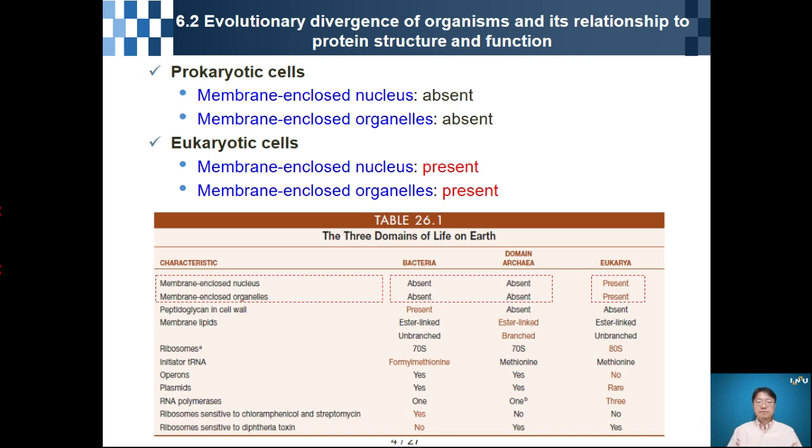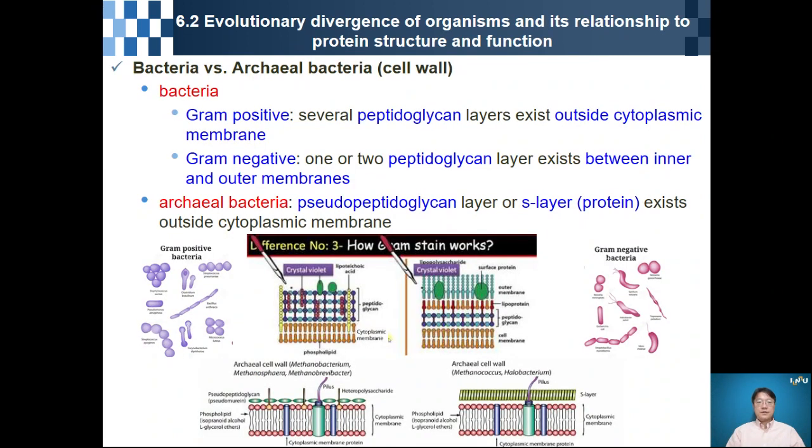The big difference between the bacteria and the archaeobacteria is the cell wall structure. Let me start with the bacteria. Bacteria are composed of gram-positive and gram-negative bacteria. This is gram-positive bacteria and this is gram-negative bacteria.